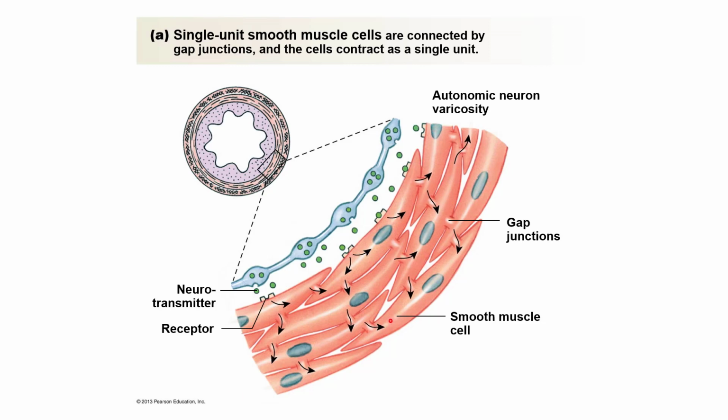So we'll have contraction in each of these smooth muscle cells. It contracts as a single unit. Innervation of one has a result in all of them.